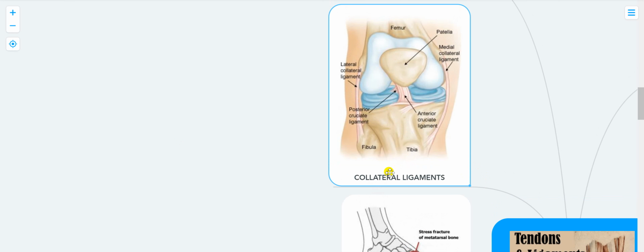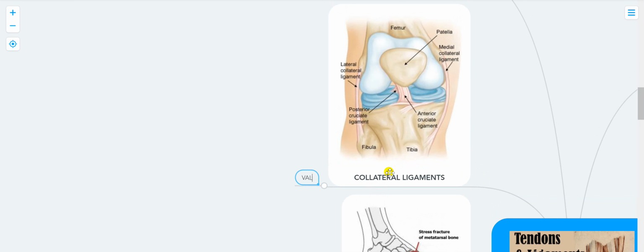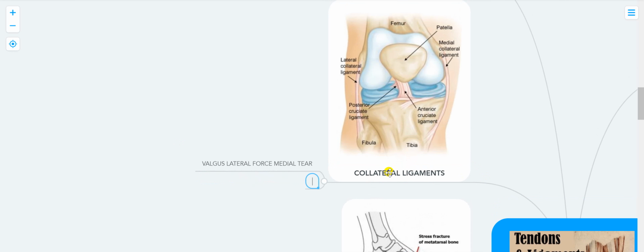Now let's see collateral ligaments. Collateral ligaments, usually if it's a valgus, then this is a lateral force and causes a medial tear. If it's a varus, then this is due to a medial force and it's a lateral ligament tear. So how does the patient present?